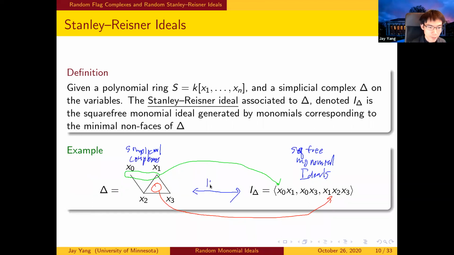And as we'll see, a lot of the properties of square-free monomial ideals are inherited by simplicial complexes and vice versa. And this will be very important to our ability to actually do something.